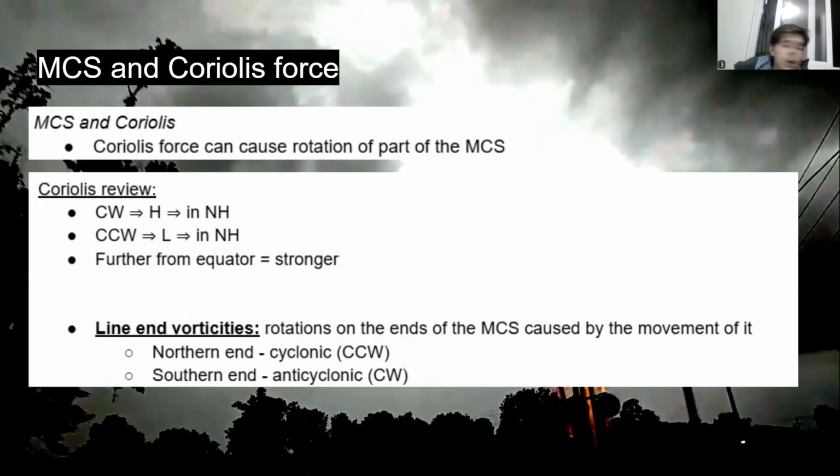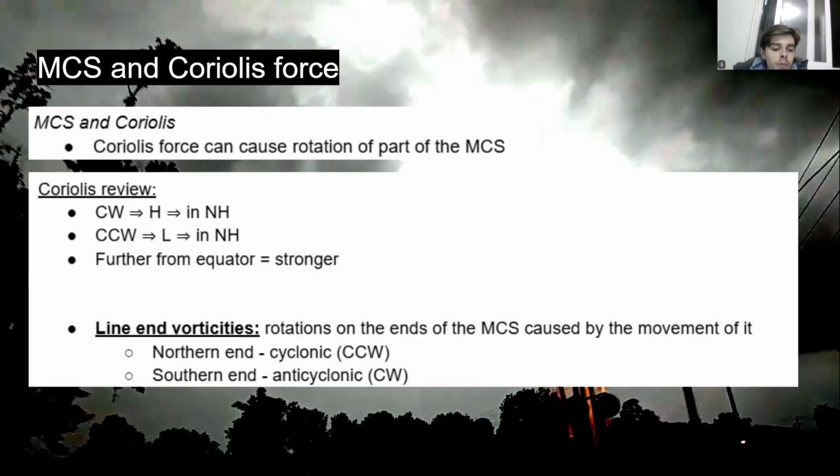Now, how will the Coriolis force affect MCSs? Well, it's actually going to result in a partial rotation of the MCS. The northern part of the MCS is going to be more affected by that because, once again, Coriolis force is stronger the more north you go in the northern hemisphere, of course.